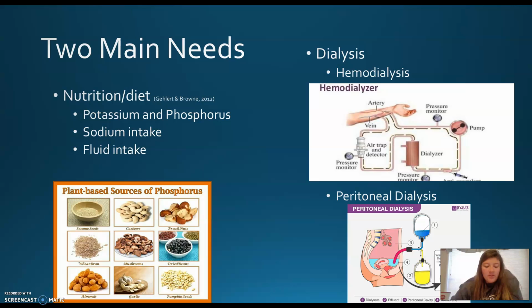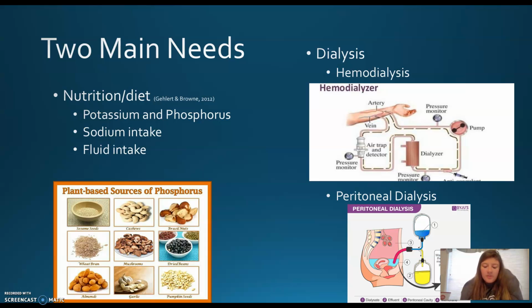According to Gilhert and Brown, dialysis patients must stick to a strict diet due to their inability to process high levels of potassium and phosphorus, in addition to needing to restrict sodium intake. Too high potassium can lead to heart failure, and high phosphorus levels can lead to permanent bone disease and calcification of the heart.